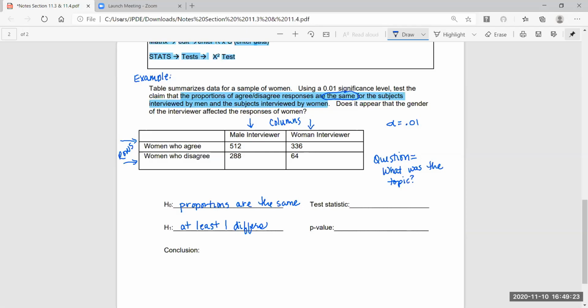You would just need to say they're not all the same. So typically here, we just say at least one differs. Claim goes up here. And again, you could say proportions here. You could say frequencies are the same.